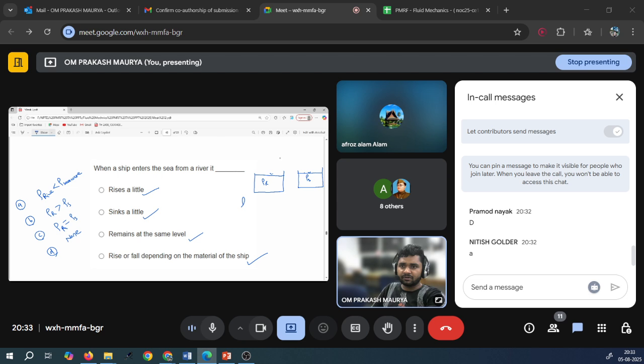So here I have one ship, the plastic ship. When you put this ship in, what will happen? In which water will your ship sink more?